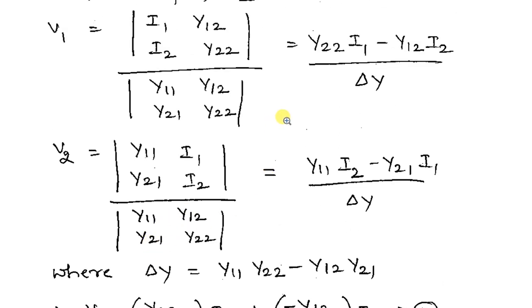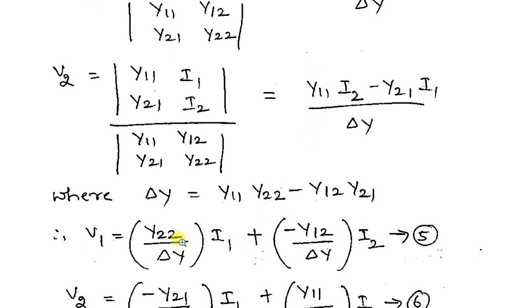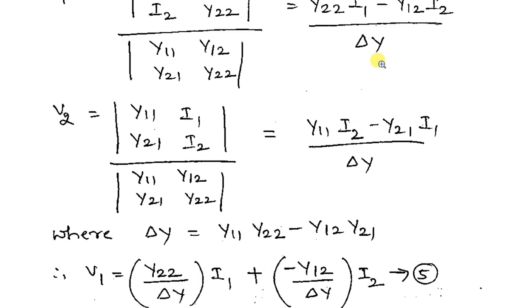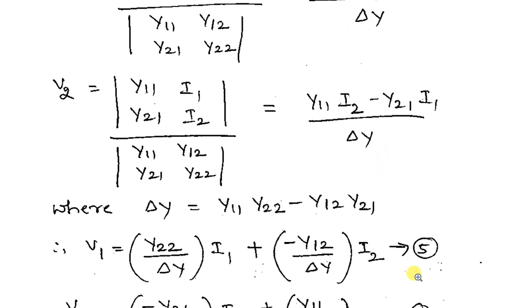So the first equation, from this you can separate: y22 by delta y into I1 minus y12 by delta y into I2. That is equation number 5.